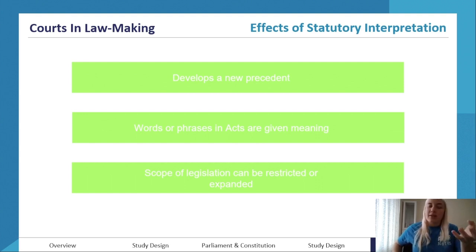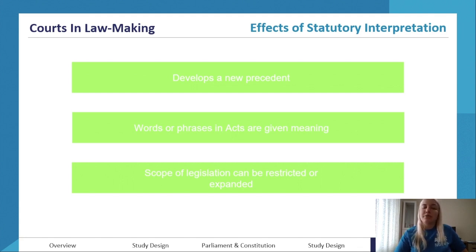So whatever decision the judge makes, it's going to become a new precedent under the doctrine of precedent that will have to be followed in future cases. So precedent or new common law being created is one of the potential effects of statutory interpretation.